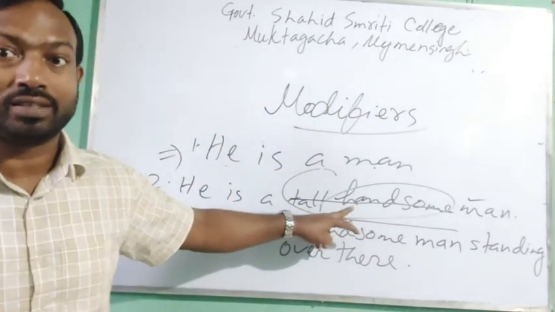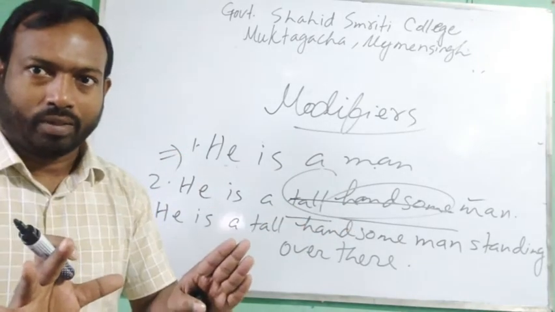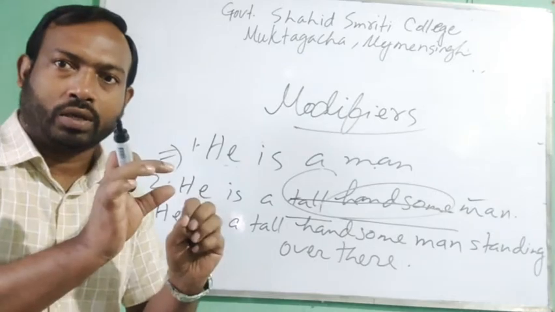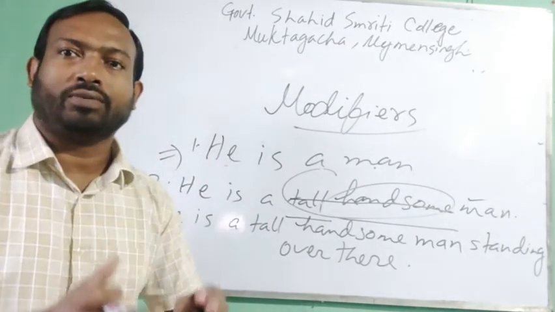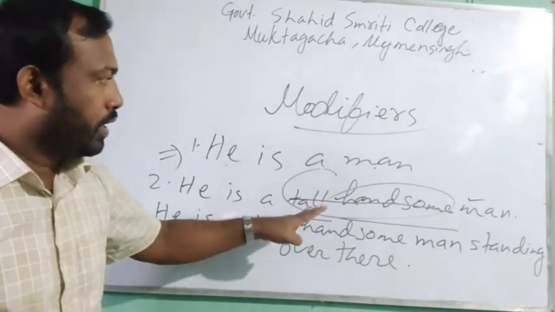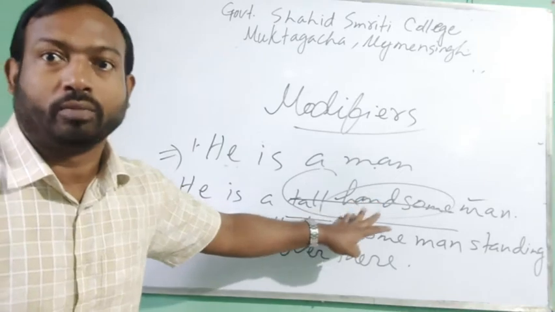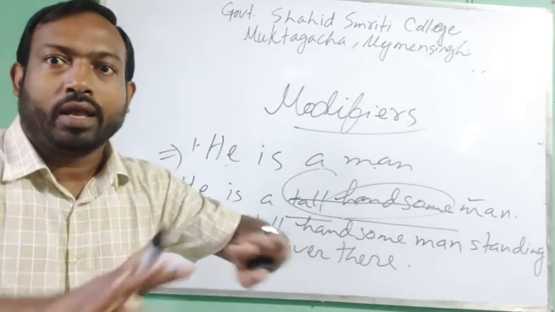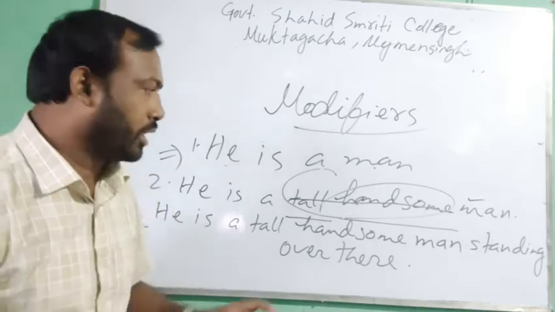So these give extra information about the words they modify, whether it is a noun, verb, adjective or adverb. So tall, handsome, these are extra information. So these are modifiers. These are not an integral part of the sentence; rather, they give extra information.